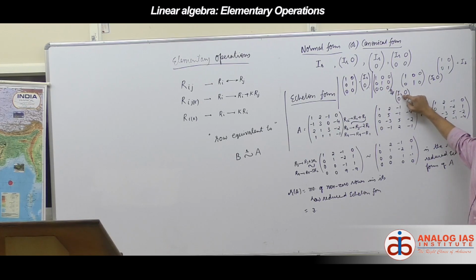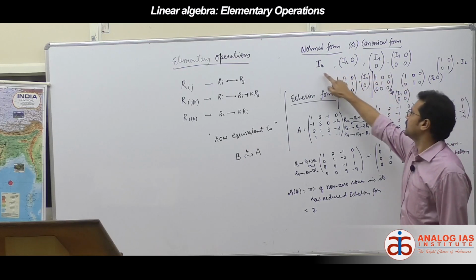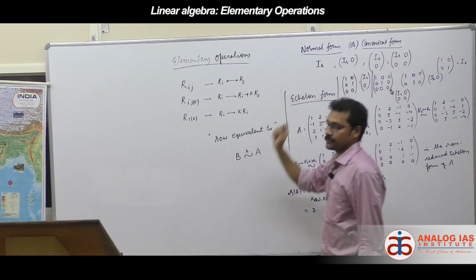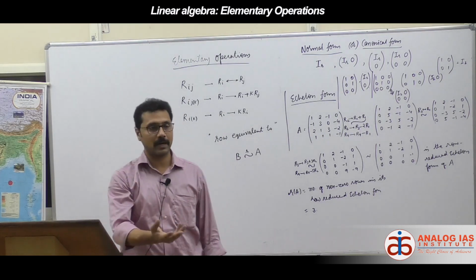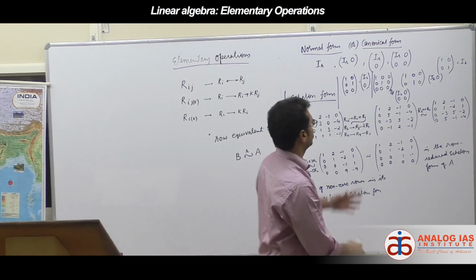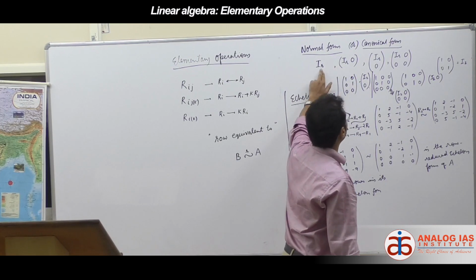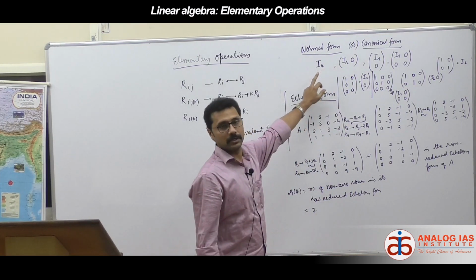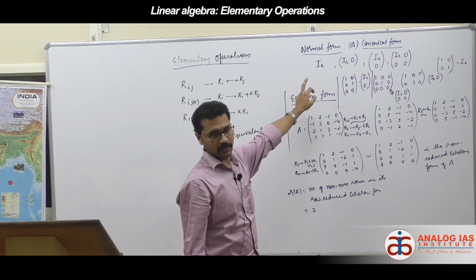In I_r, r becomes the rank of the matrix. So there are different varieties of normal forms for different orders and different ranks of a matrix. R gives me the rank when you reduce into normal form or canonical form.